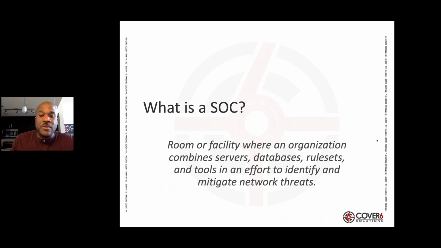We're here because we want to talk about SOCs, right? And what a SOC is, or what is a security operations center. So it's essentially a place where all of your rule sets, databases, server information, host information, data, essentially anything that you can gain information from about any of your devices that are on a network, you want all of that information to be sent to one central location.